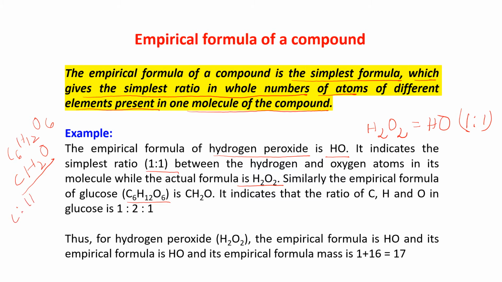Carbon is to hydrogen is to oxygen, in the simplest ratio, it is giving 1:2:1. So CH2O is the empirical formula of glucose. Thus, for hydrogen peroxide H2O2, the empirical formula is HO, which means its empirical formula mass is 1 plus 16, that is 17. Am I clear?